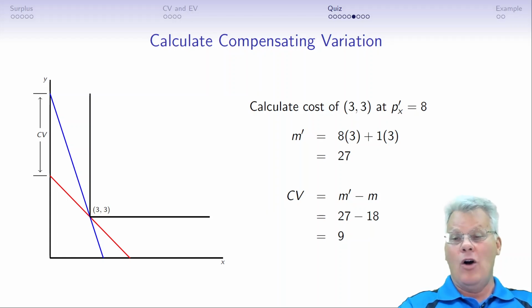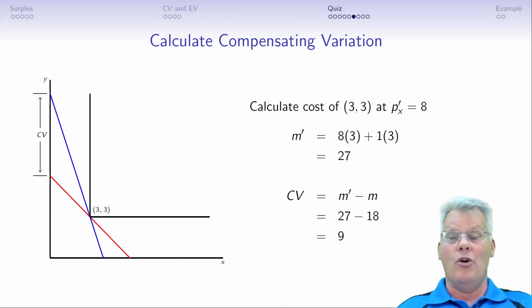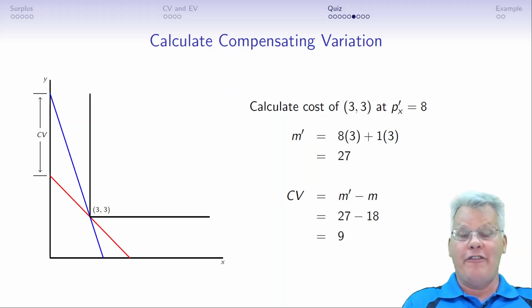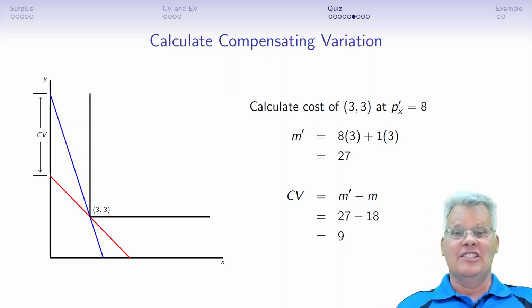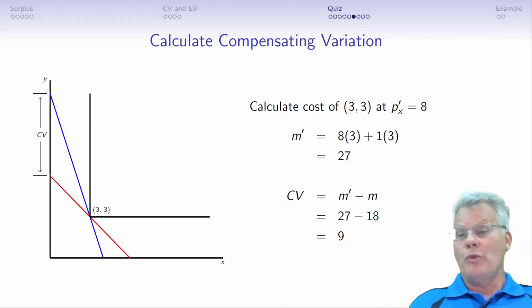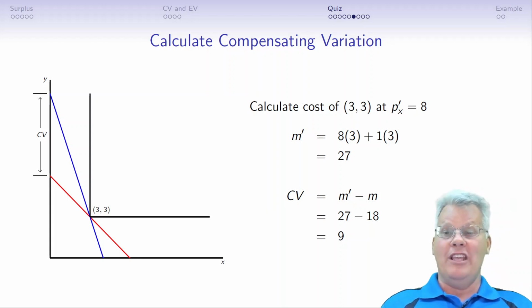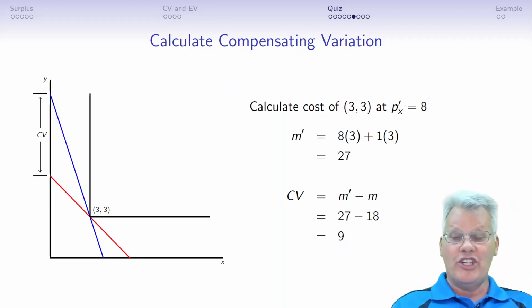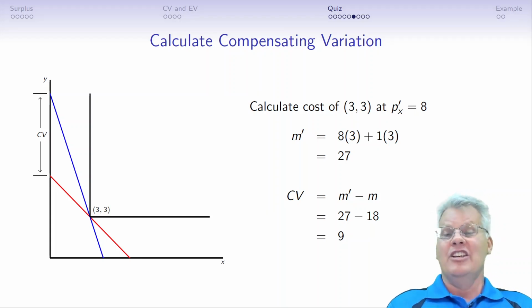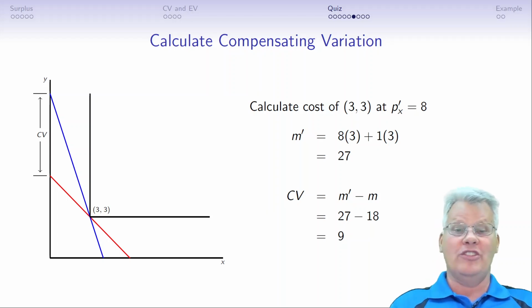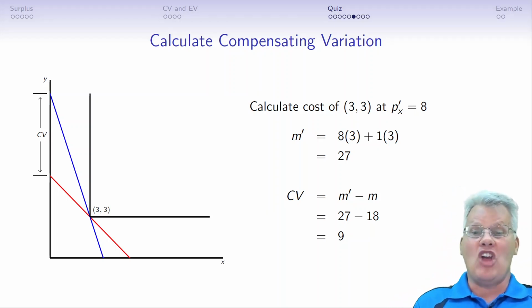All we care about is her initial consumption point, and then giving her enough money to get to that same initial consumption point. So we find out how much it would cost Bernice to afford her original bundle at the new prices. It would be $27. She originally had $18 to spend, so Bernice's compensating variation is $9.